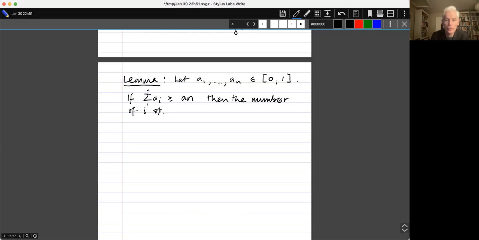the number of i such that ai is greater than or equal to b is at least (a minus b) over (1 minus b) times n. Am I going to get this right?